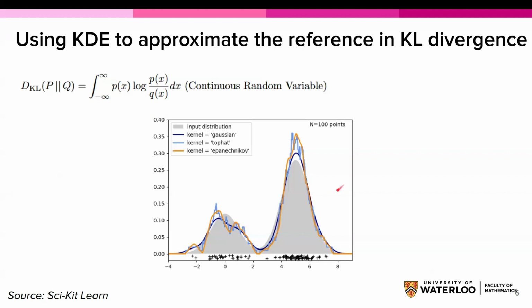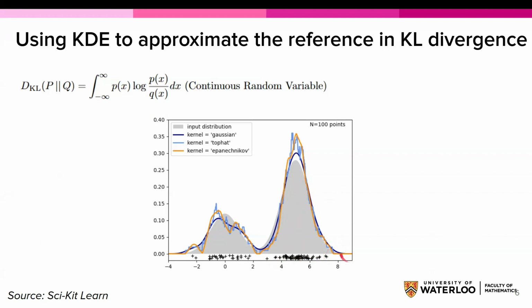In this example, the true underlying distribution, shown in gray, gives us a bunch of samples shown by these black markers. We can use these samples to reconstruct an estimate of the probability density function.